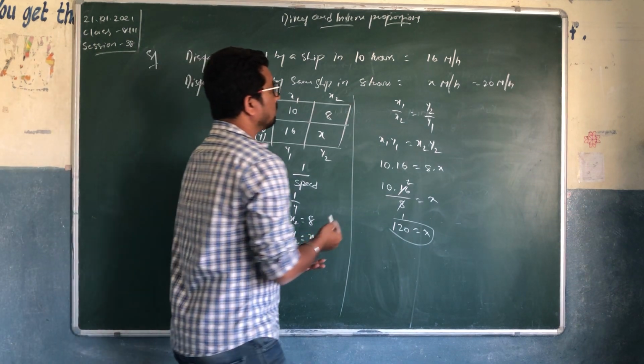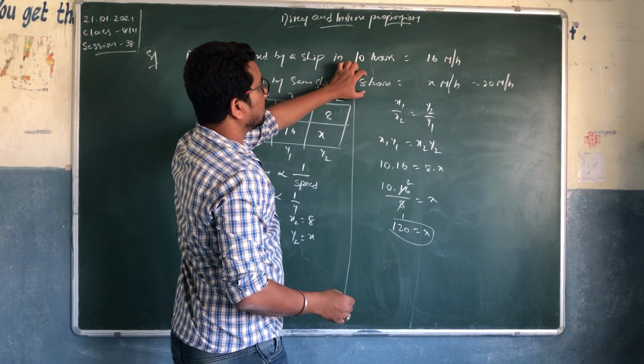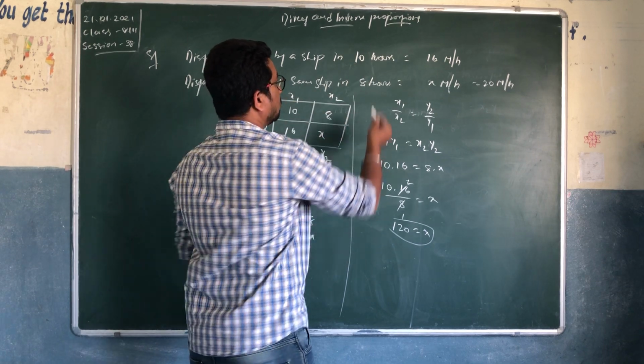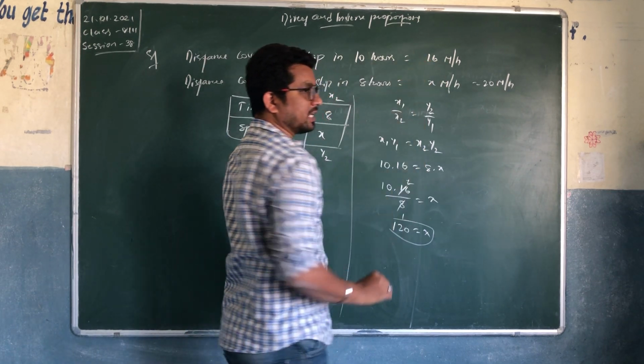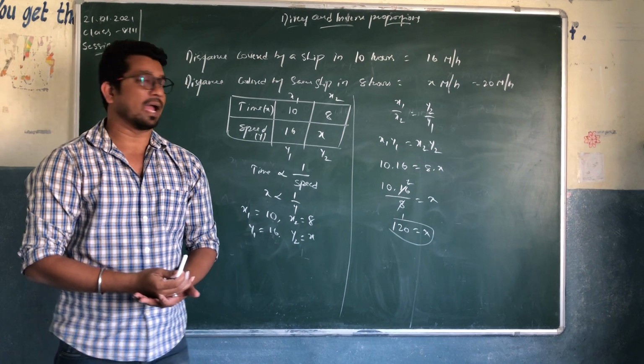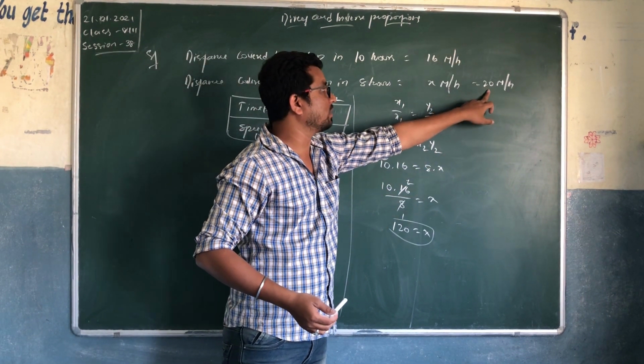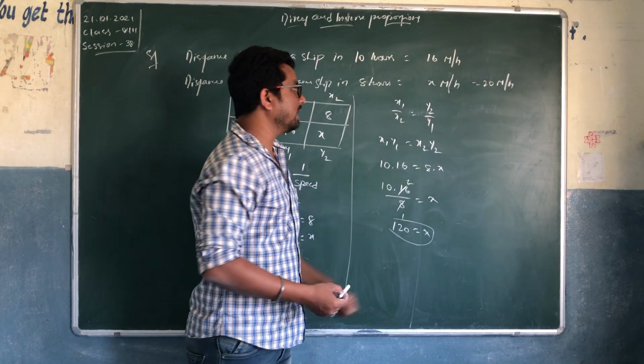But compared to the earlier speed, how much did it increase? For 10 hours I am going at 16 miles per hour. For 8 hours I am going at 20 miles per hour. What is the speed increase here? Which means 20 minus 16, right?